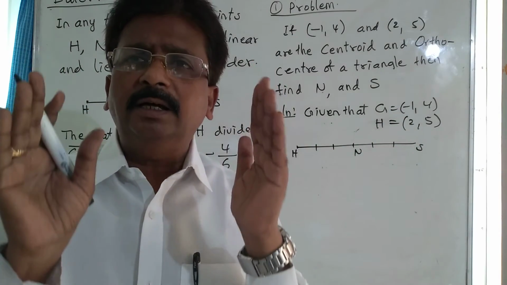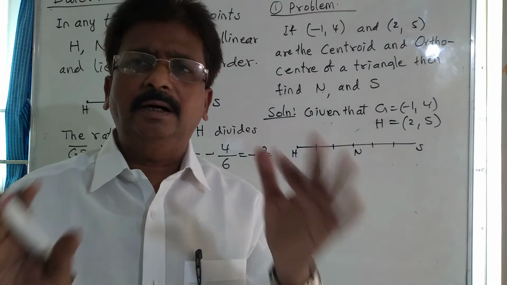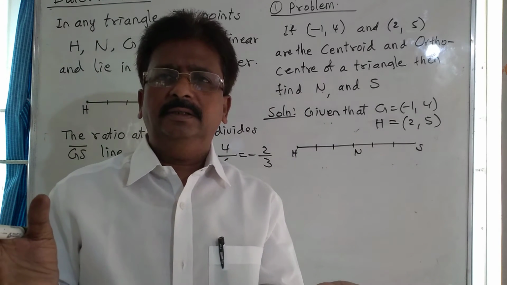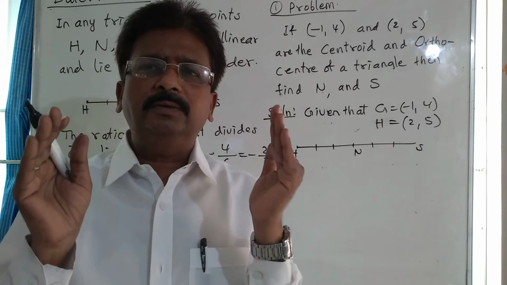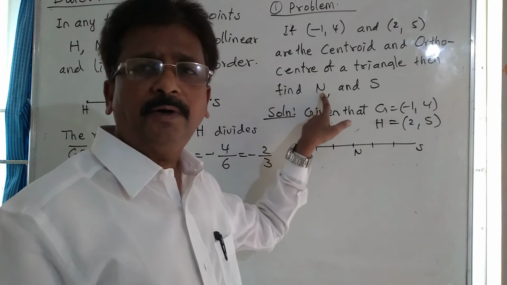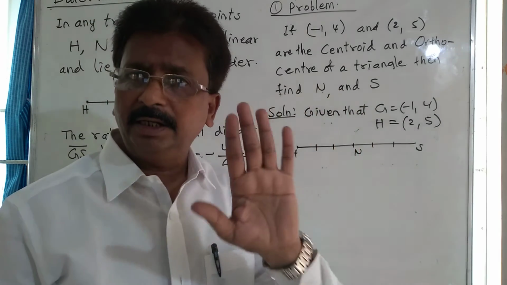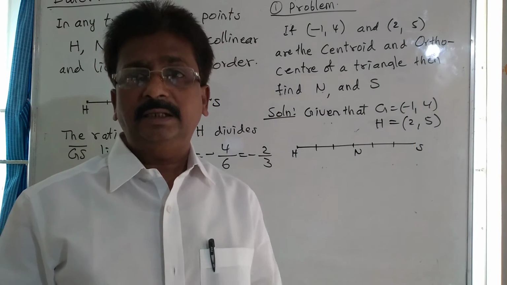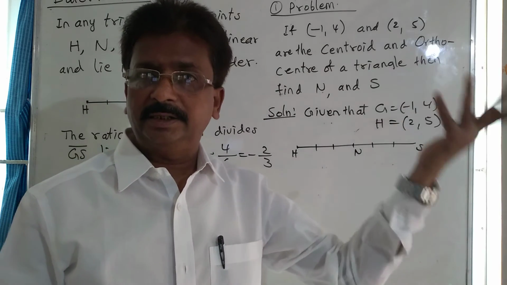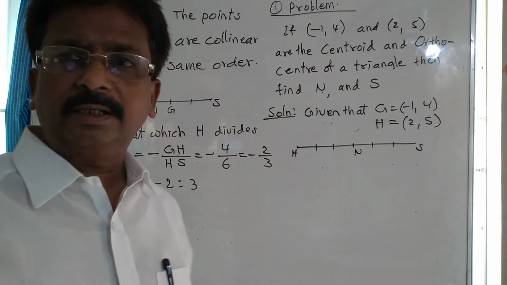Here we consider GH, or HG also, as the line segment. Therefore, we have to find the ratio at which our required point N divides the HG line. For that purpose only we are drawing the Euler's line, to find the ratio.